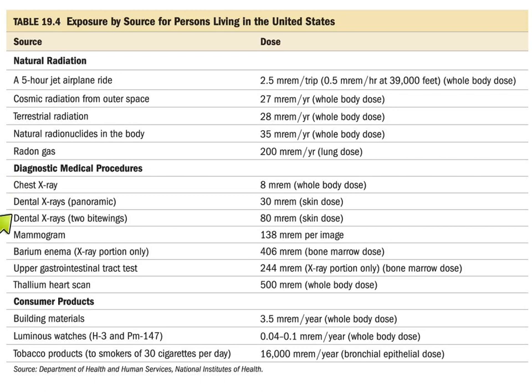Diagnostic medical procedures. So you go in and have a test done, you're going to be exposed to some radiation. Things you probably have more often are dental x-rays, the panoramic or the bite wings, 30 to 80 millirems. That's the skin dose. Mammogram, barium enema, upper GI. What's a barium enema?